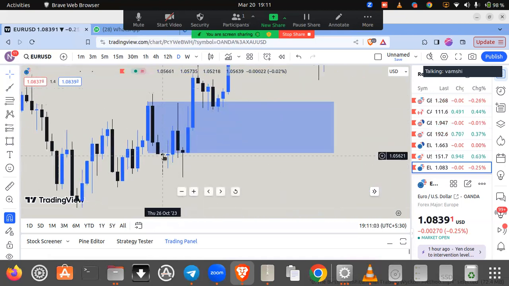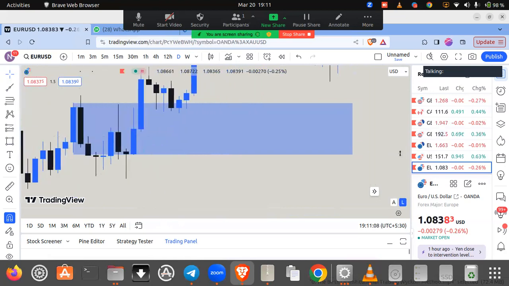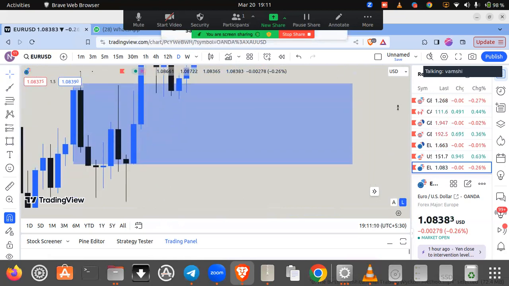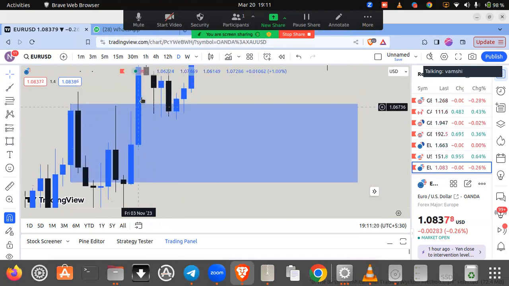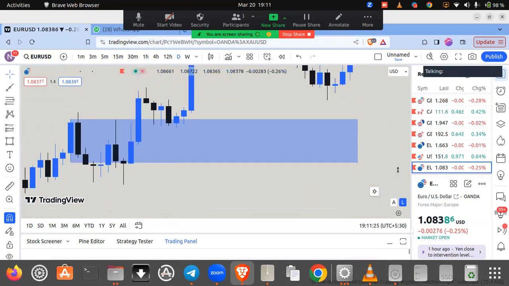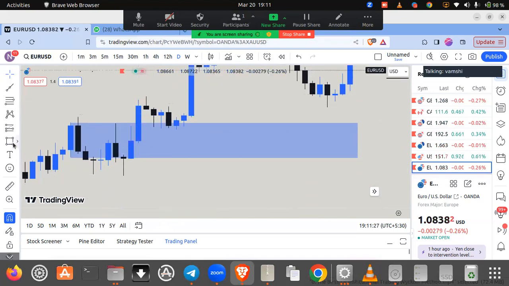Here you can see red engulfing sell. Here we have an engulfing sell zone, and it broke this level here. And while breaking this level, it made an engulfing buy.